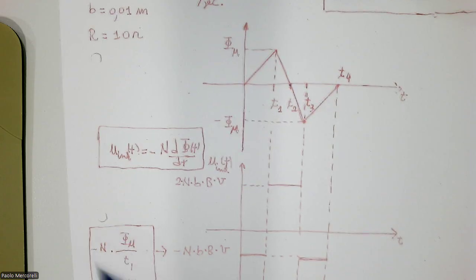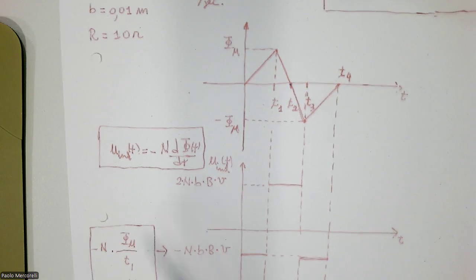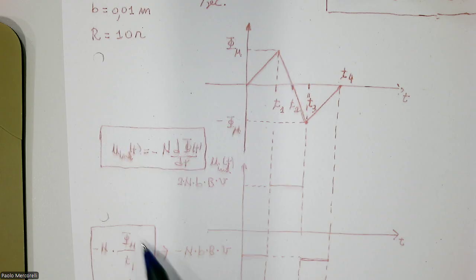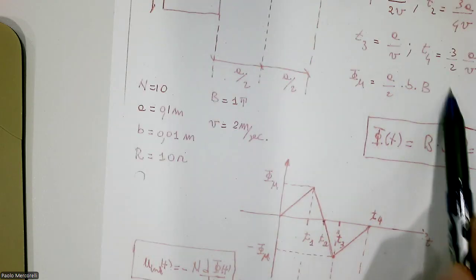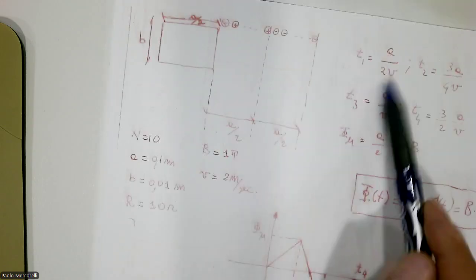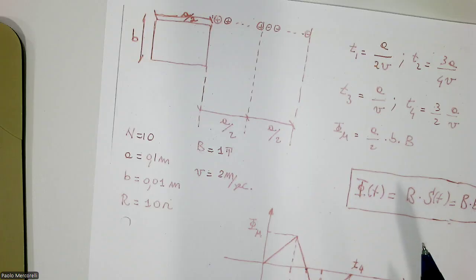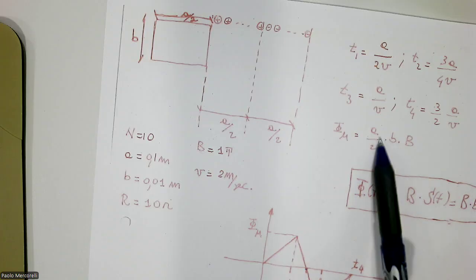And we can see here, the explanation is minus n, multiply by B not capitalized, B capitalized, multiply by V, because it is phi maximum, which is this one, divided by T1. And you can see that A divided by 2 I can cancel.